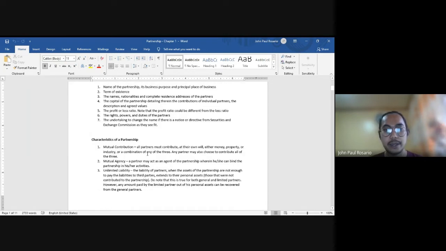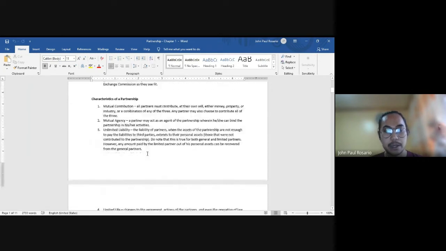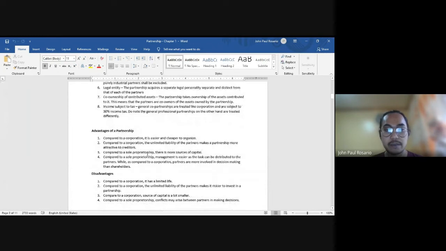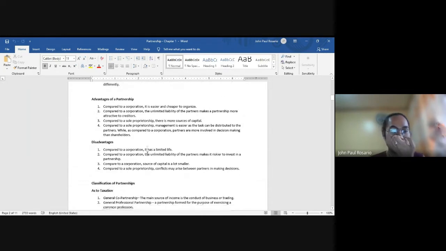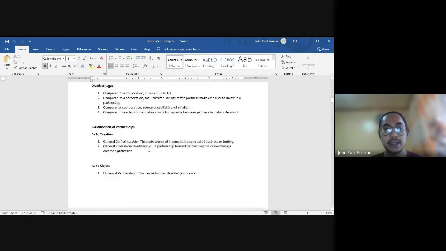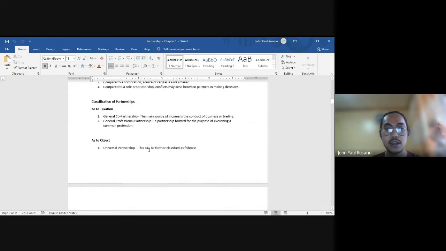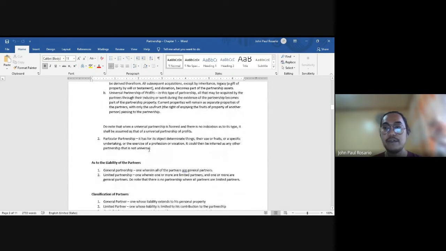I have also indicated here 8 characteristics of a partnership, 4 advantages of a partnership in comparison to corporations and sole proprietorships, and another 4 disadvantages in comparison to corporations and sole proprietorships. I have also indicated the classification of partnerships as to taxation, as to object, and as to the liability of the partners.